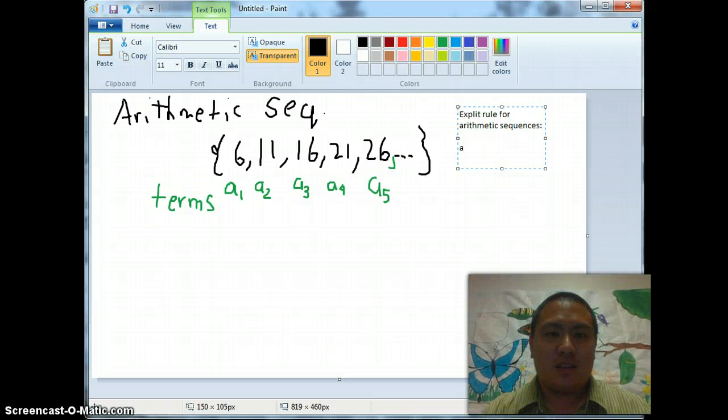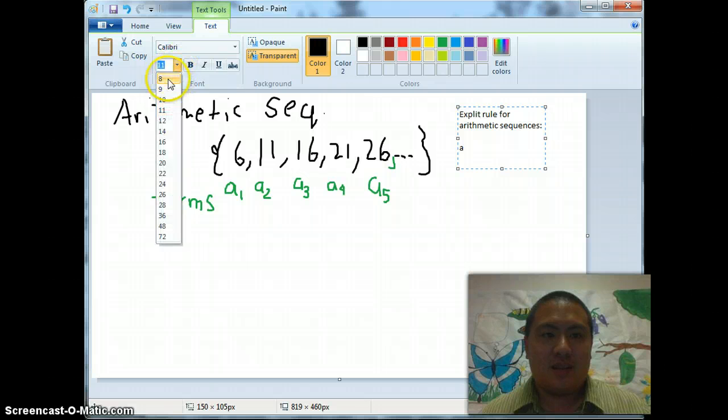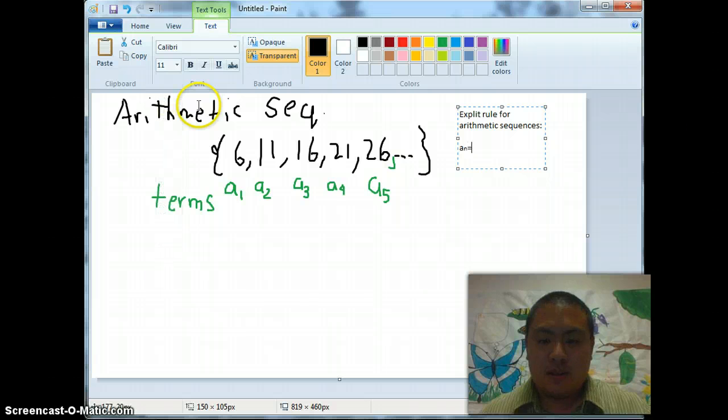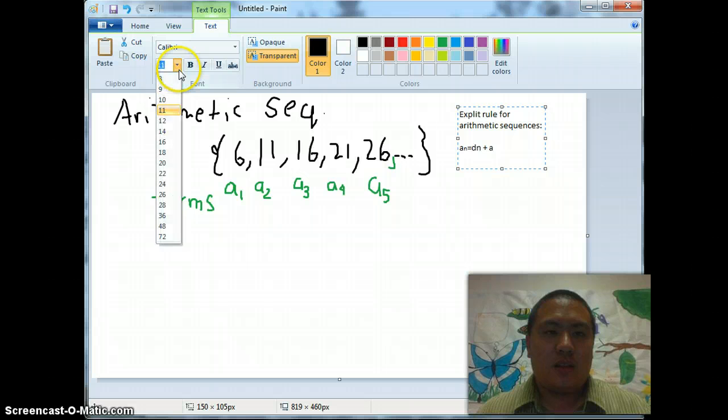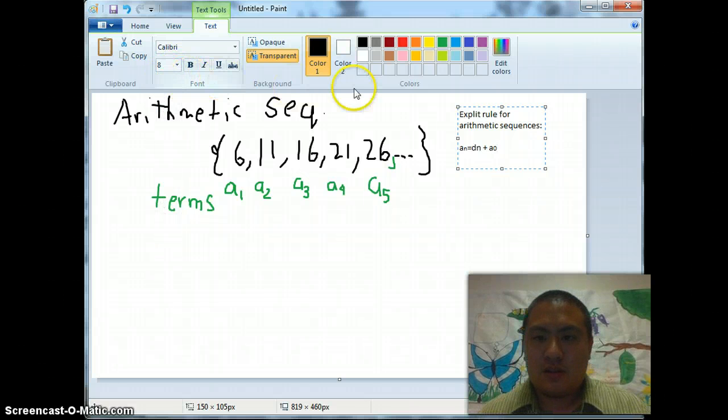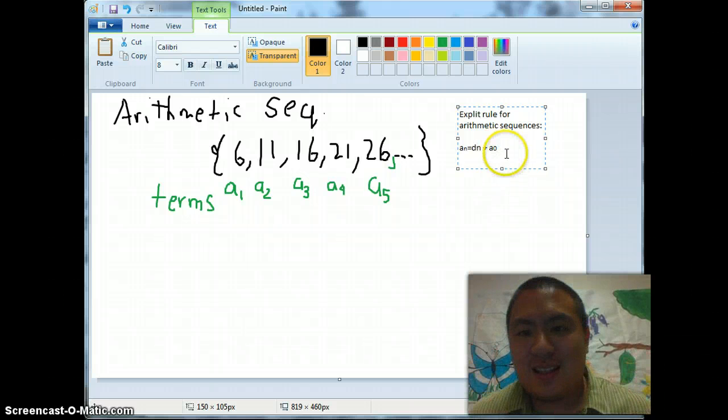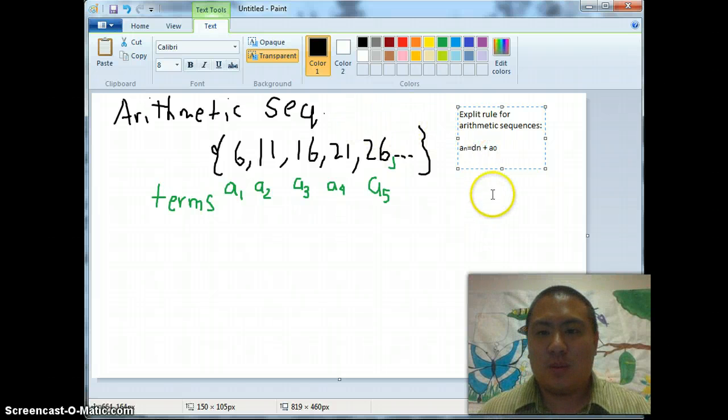Paint doesn't have subscripts, so I'm just going to say it for you guys. A sub n is equal to dn plus a sub 0. I know that doesn't look like a sub, but you're just going to have to trust me, since I'm using Paint.